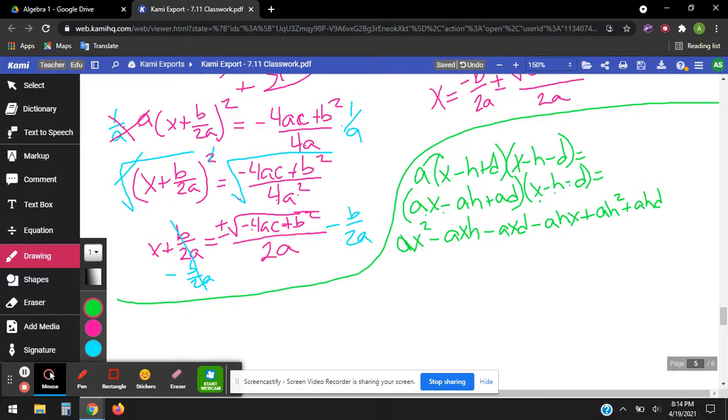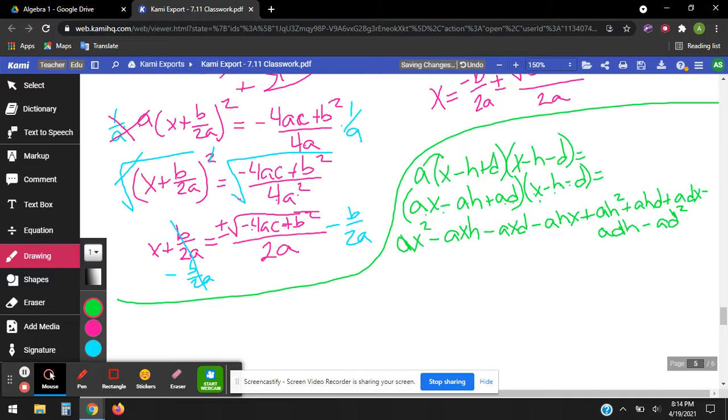Then we have to do the last one. I'm going to run out of room, so I might have to do a second line here. Adx plus adx. Now I have a minus h, so I'm going to subtract adh. And then I'm going to subtract ad squared.